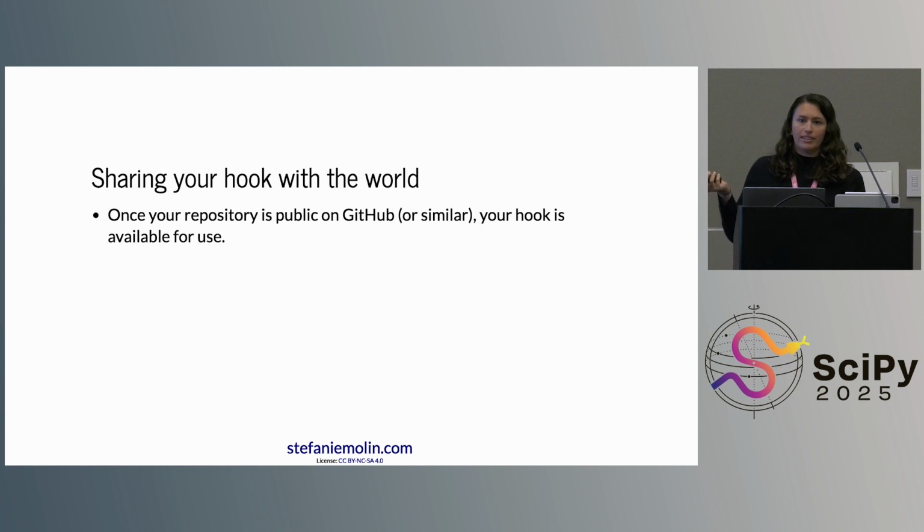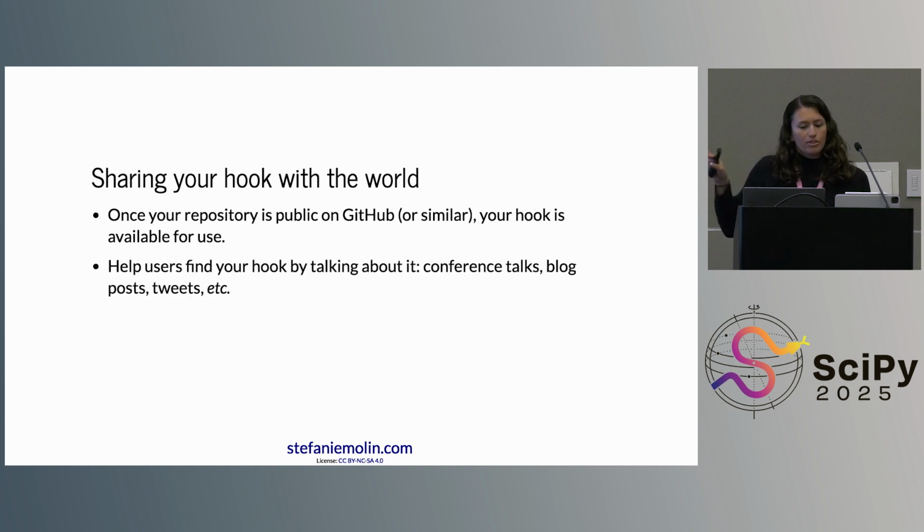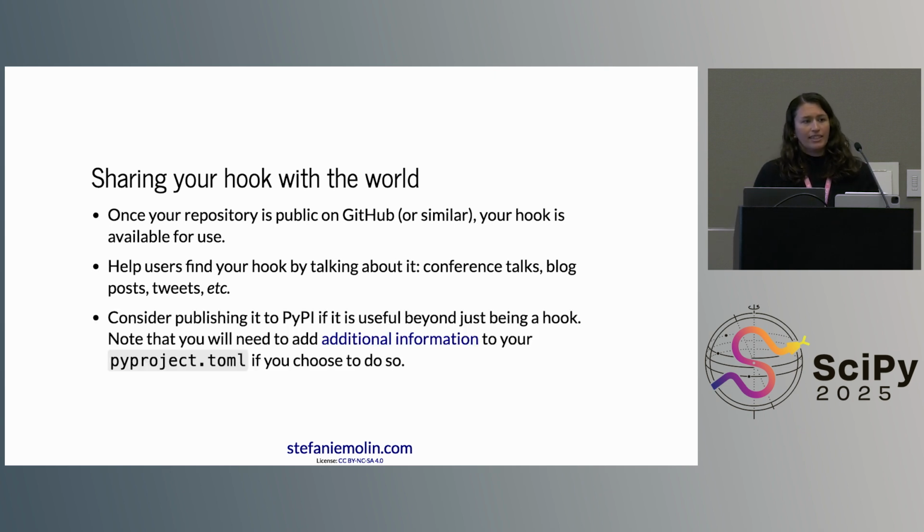So the logic that they give on the pre-commit website, it's basically looking, pretty sure, for that pre-commit-hooks.yaml file. So if you want people to use it beyond just occasionally finding it, you might want to talk about it at a conference or a blog post, tweets, whatever. And you might also want to consider publishing it to PyPI. So in some cases, it's useful beyond just being a pre-commit hook.